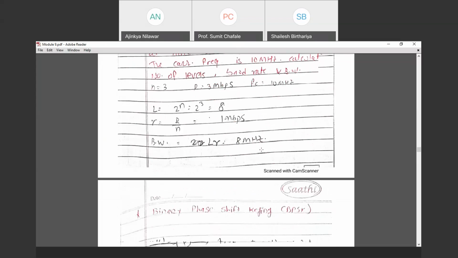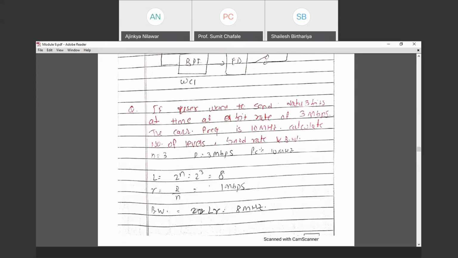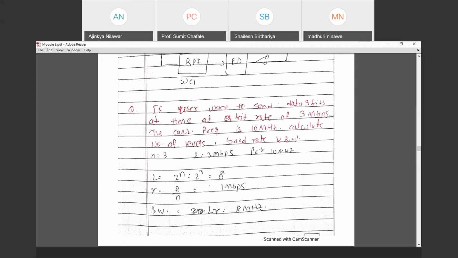Again, one standard numerical as far as bandwidth is concerned. If the user wants to send data of 3 bits at a time, that means small n is 3, and the bit rate, given by capital R, is 3 Mbps, and the carrier frequency FC is 10 megahertz. Calculate the number of levels, baud rate and bandwidth. The number of levels L is equal to 2 raised to n.